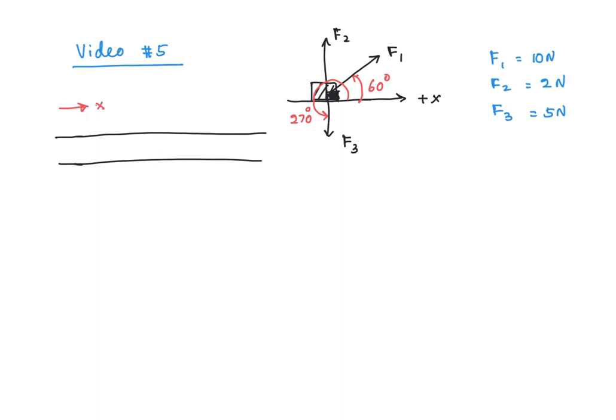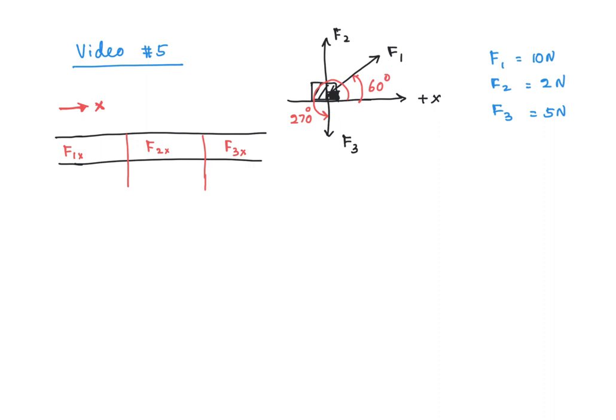Therefore, I call this axis my positive x direction. And I'm going to mark F1 and call it F1x, the second force F2x, and the third force F3x.